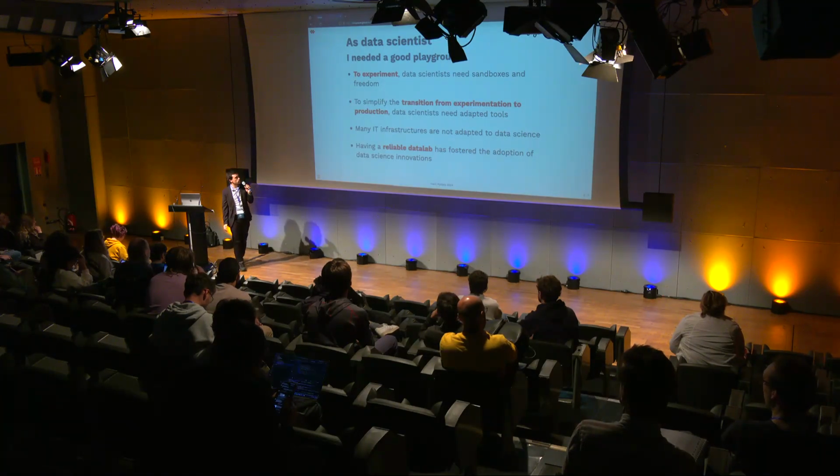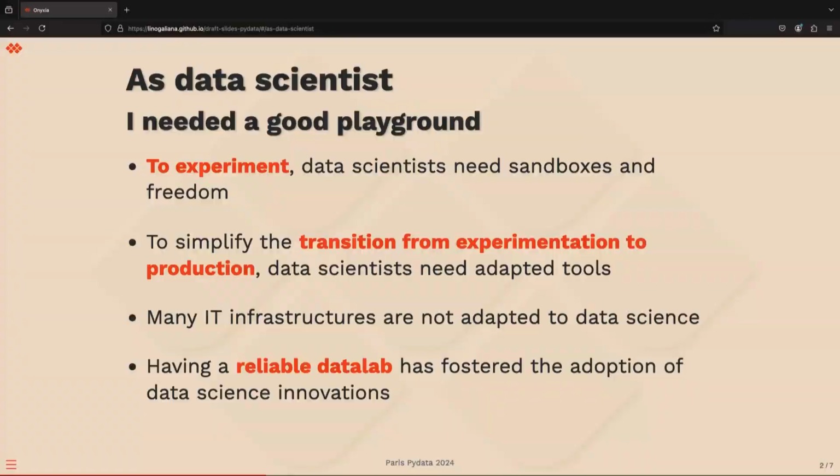Afterwards, after experimenting, you go into production. If you've worked on standard infrastructures, it's also a terrible pain to go from experiment to production. With Onyxia, with our instance, we could experiment because we had the freedom, but we also had all the tools needed to make going into production easier.